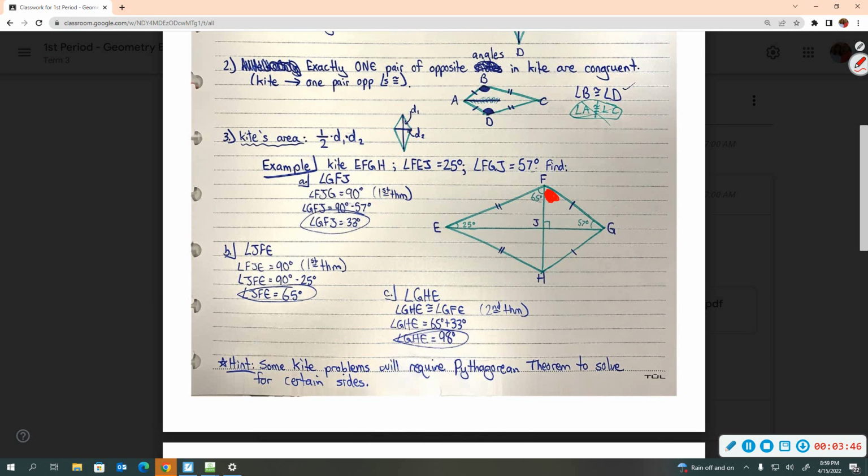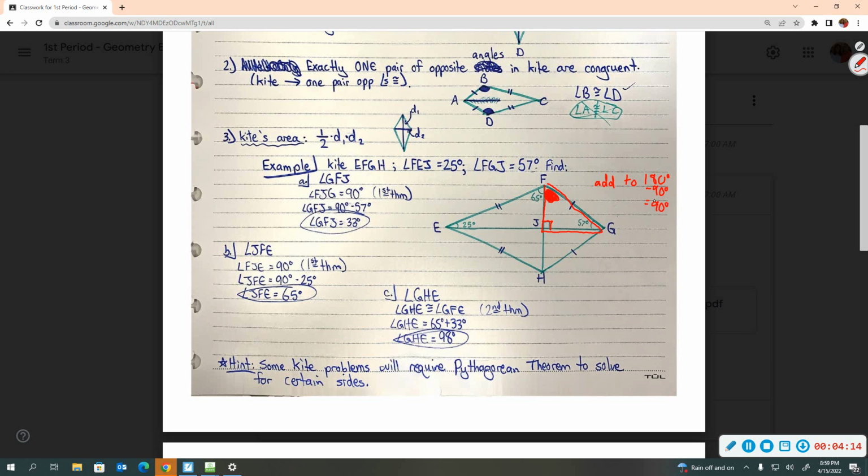Well, by the first theorem, I knew that this diagonal and this diagonal met at 90 degrees. And then I noticed that this is just kind of like making a triangle right here. And in a triangle, I know that all of the angles have to add to 180. And I've already got 2 of them. I've got that this one's a 90. So I'm going to take 90 away from what I had available.